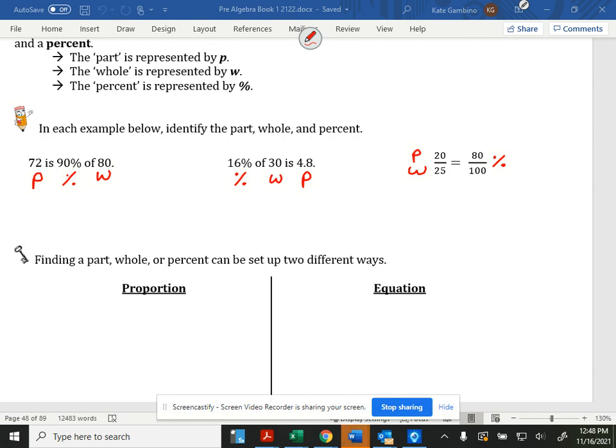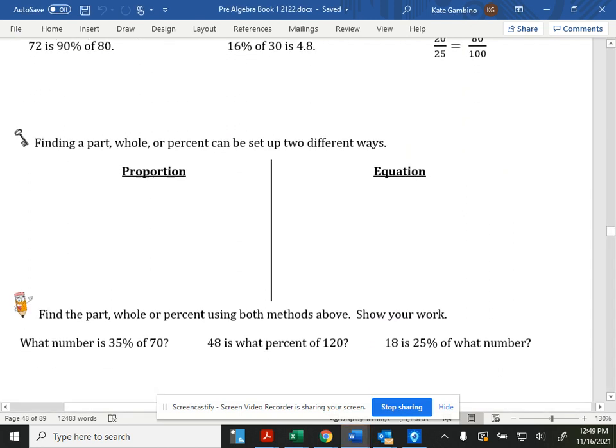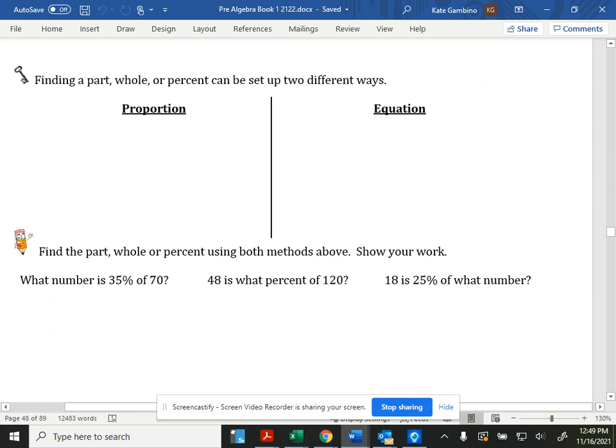So finding a part, whole, or percent can be set up in multiple ways. We know that there's always different ways we can do our math. So let's see how we're going to find it.